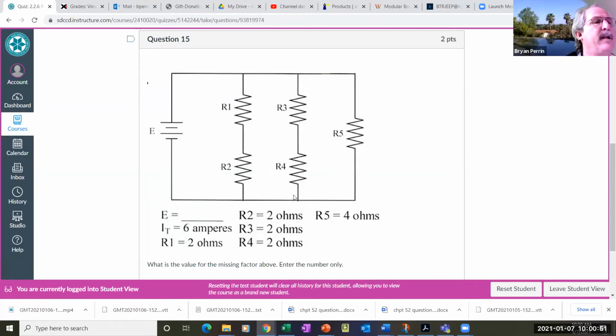And then 1 divided by 4 is 0.25, and 1 divided by 4 is 0.25. So if I add all those up, it's 0.75. So 1 over 0.75 is 3/4. My resistance total is 4/3, or 1.33333.